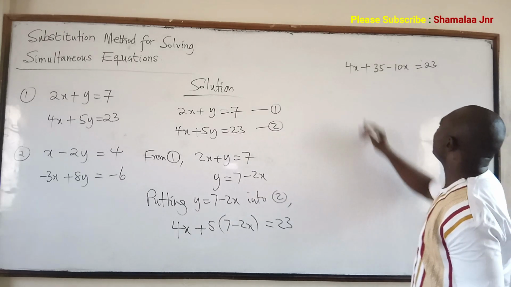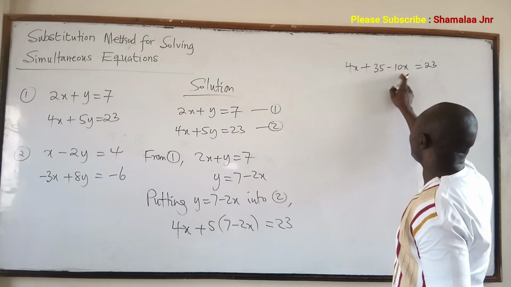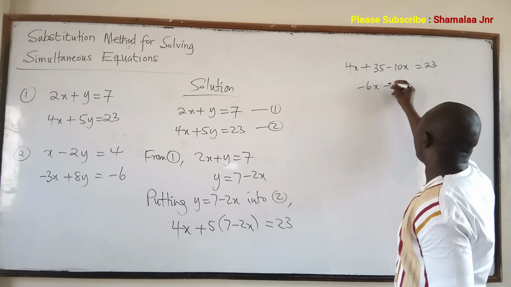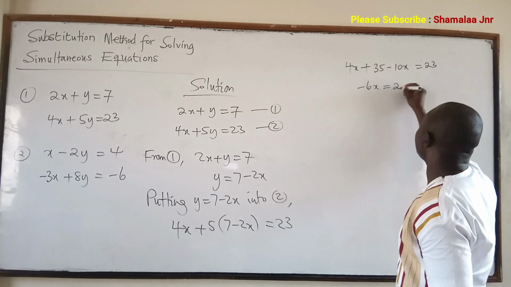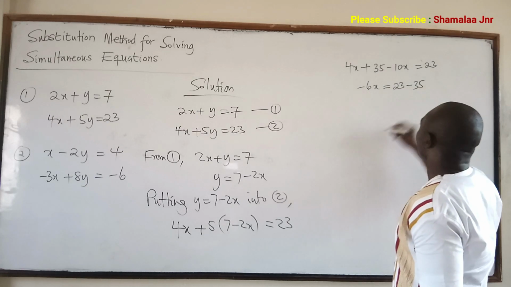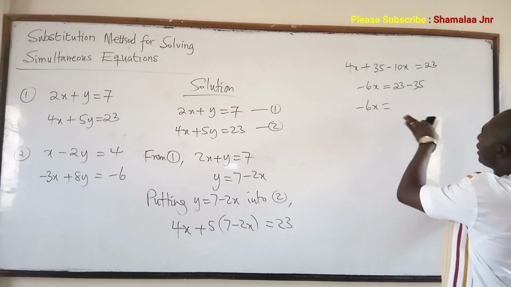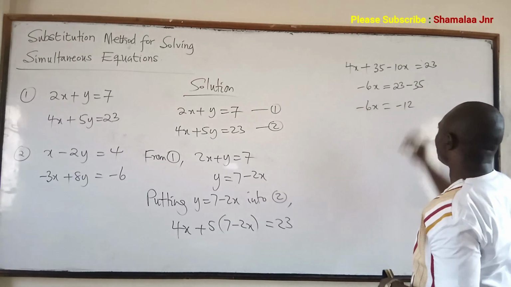Now, 4x minus 10x will be negative 6x. Now you can decide to take 35 to the other side. That will be 23 minus 35. So we have negative 6x is equal to 23 minus 35, which is negative 12.